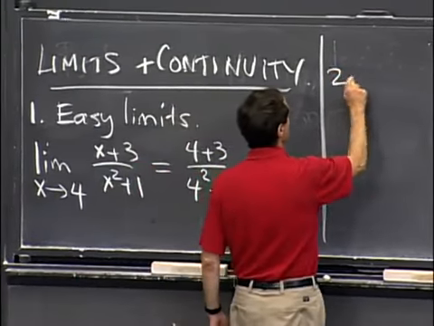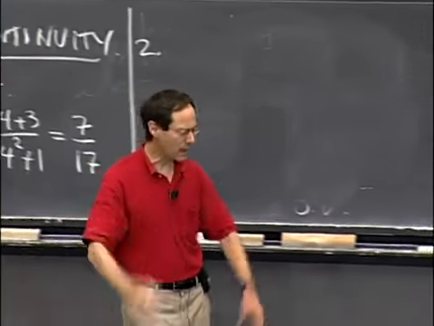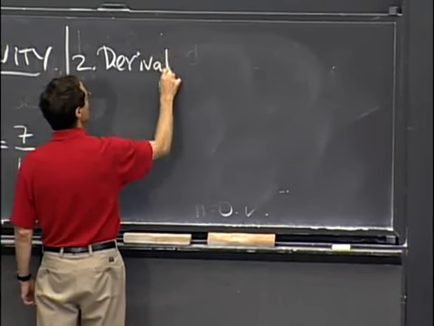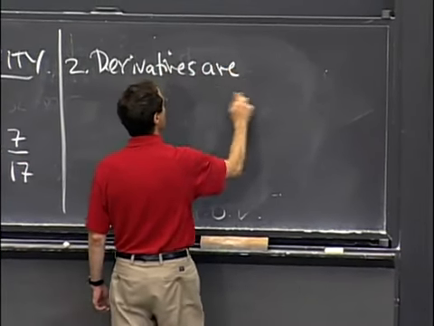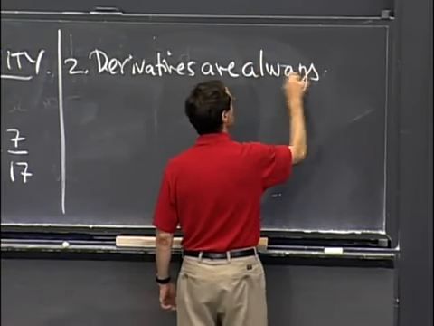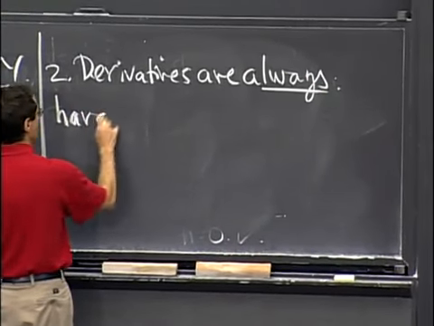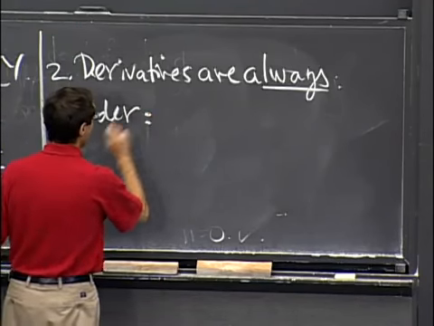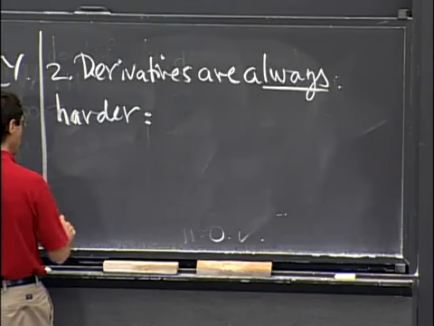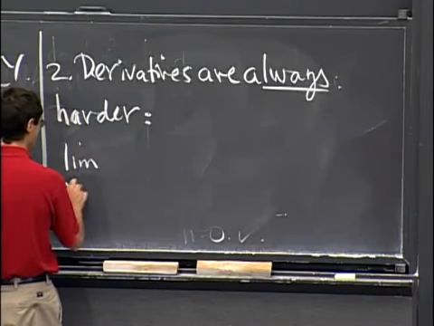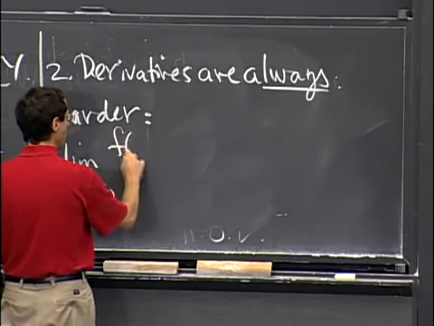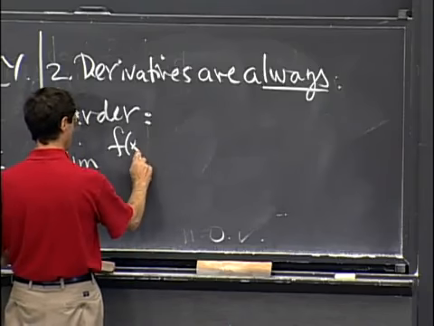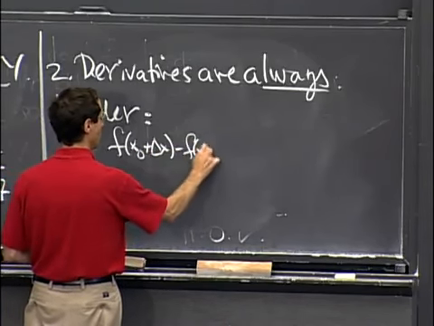The second kind of limit, so this isn't the only second kind of limit, but I just want to point this out. It's very important that derivatives are always harder than this. You can't get away with nothing here. Why is that? Well, when you take a derivative, you're taking the limit as x goes to x0 of f of x, well, let's write it all out in all its glory.